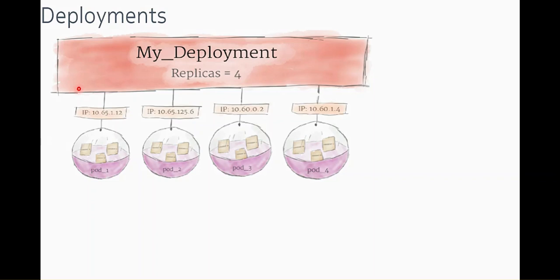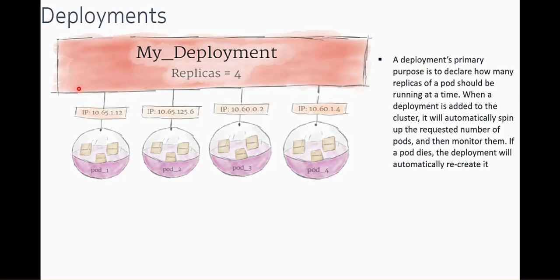I mean, generally, the pods will be created via deployments. Why? A deployment's primary purpose is to declare how many replicas of a pod should be running at a time. That means we can create multiple replicas of a pod using a deployment, because a single instance of a pod cannot serve the purpose in the production environment.